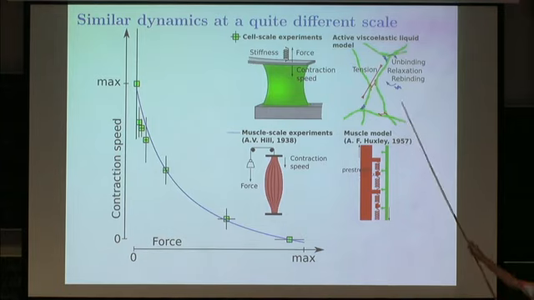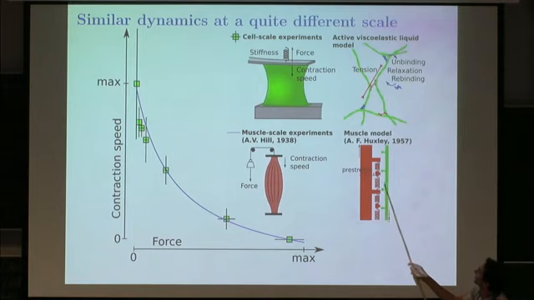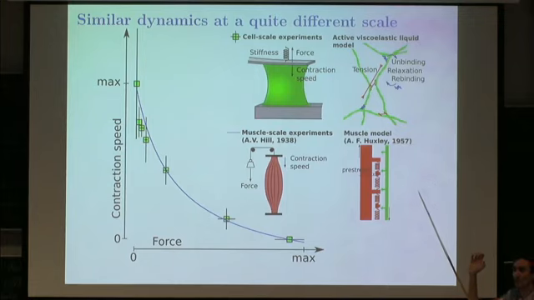So this is my model, and this is Huxley's model explaining muscle contraction. His model is that the myosin here is pre-stretched before adhering to the actin, and then it will bind to the actin and pull and release. That's how muscles work, and that's still the accepted muscle model.